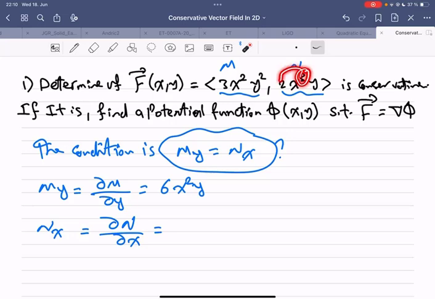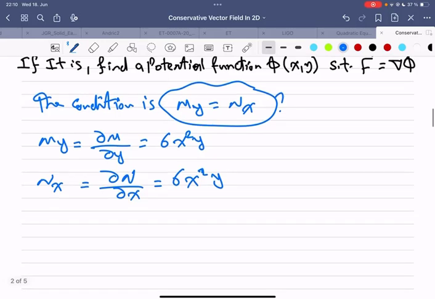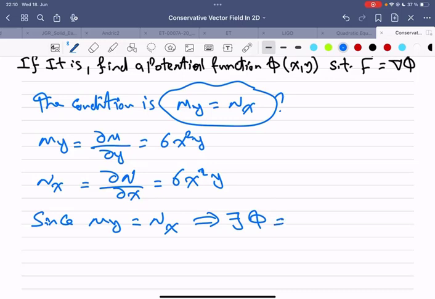So 3 multiplied by 2 is 6, and this will be x squared. So 6x squared y. Since M y equals N x, there exists phi such that M equals phi x and N equals phi y.